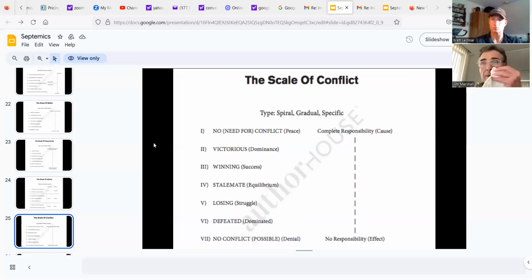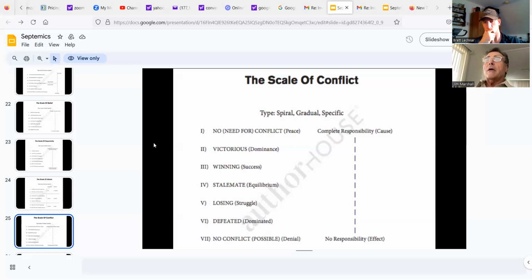So that's what I mean by dominance. And level 1 is no need for conflict. This is a person who's at peace. He doesn't have any need for conflict. This is a person who is above the fray. Now, again, as I've said before, most people are going to have difficulty understanding the extremes of all of the scales, because at the top, it gets into states that most people never experience. And at the bottom, it also gets into states most people don't experience. So most of us live in the middle of all of the scales.